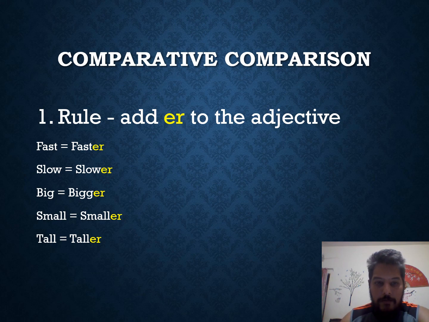Comparative comparison. The first rule is to add er to the adjective. For example, fast becomes faster, slow becomes slower, big becomes bigger, small becomes smaller, tall becomes taller.